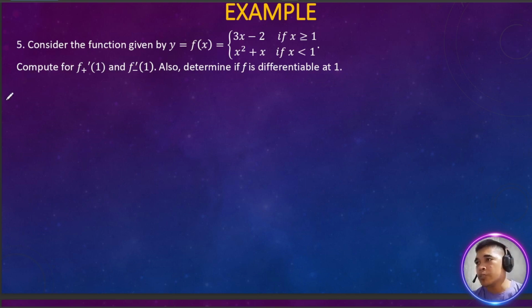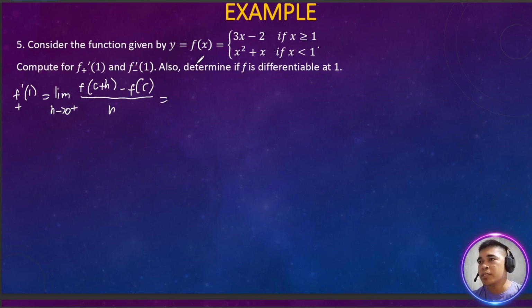So first, the right-hand derivative of function f at point 1 is equal to the limit of f of c plus h minus f of c over h as h approaches 0 from the right.